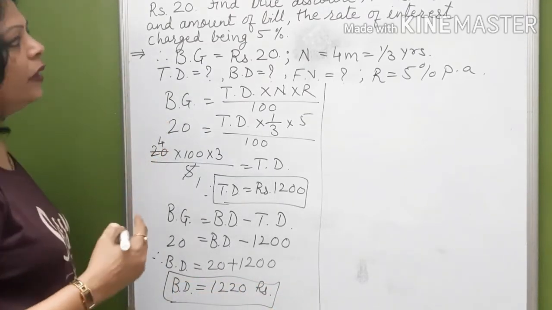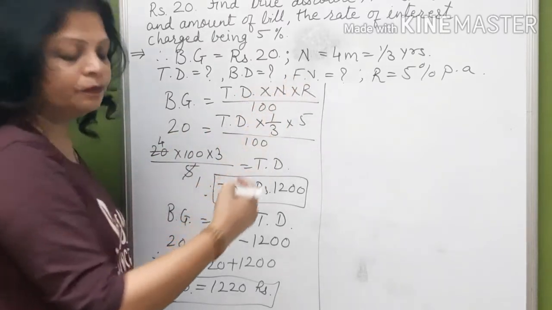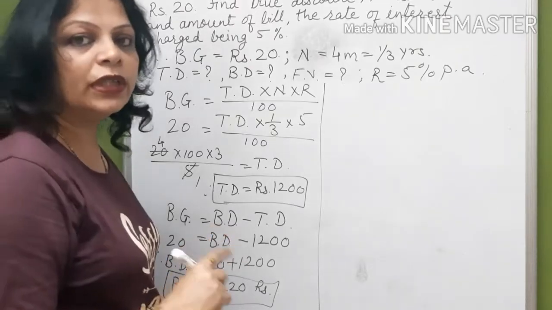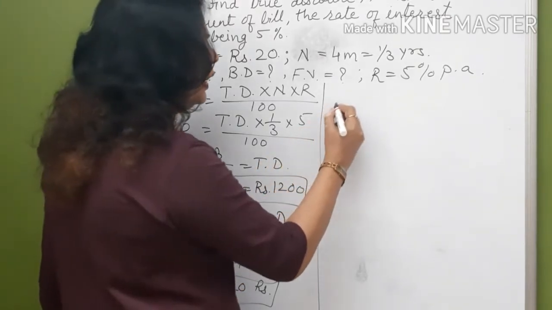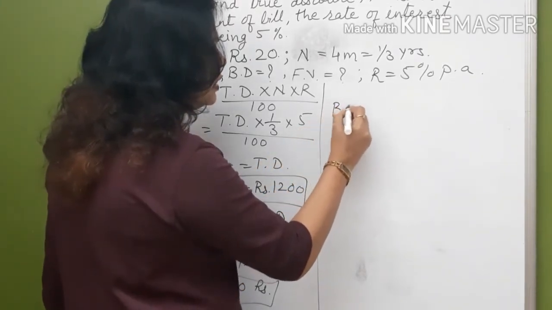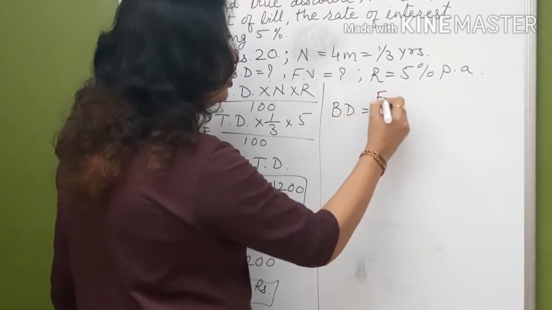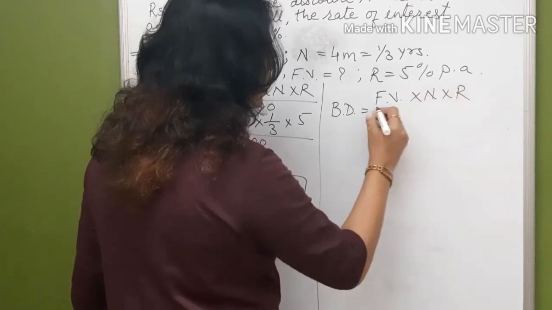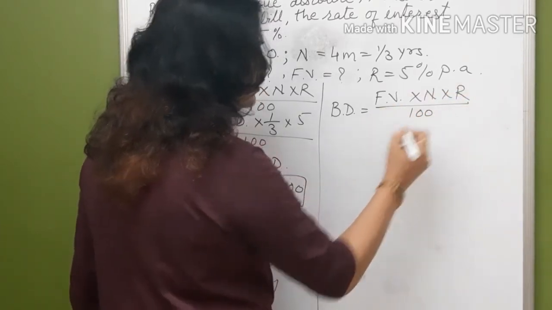Now we have to calculate the face value. Now this face value, you know that banker's discount is always calculated on the face value. So we write banker's discount is equal to face value into N into R upon 100.